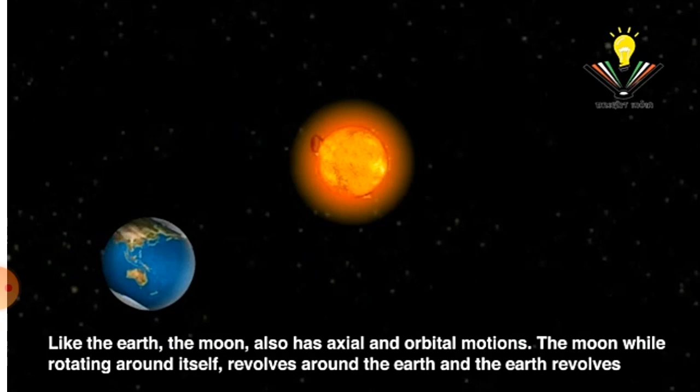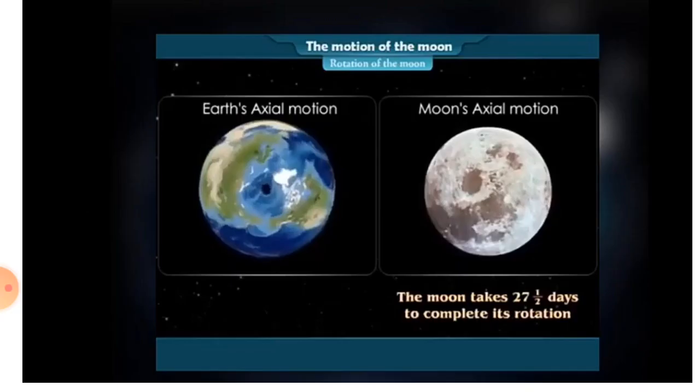As a result, though the moon does not revolve around the sun independently, indirectly it makes revolutions around the sun. The time it takes to make one revolution around the earth and one rotation around itself is the same.